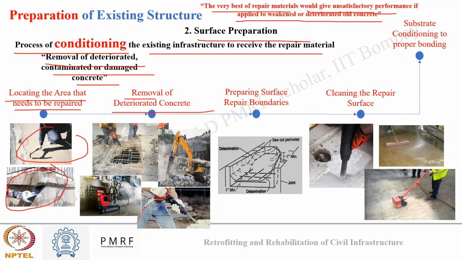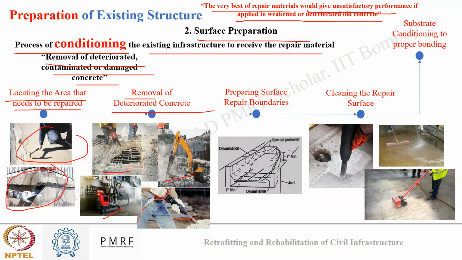There are several ways in which we can remove the deteriorated concrete based on whether we need partial removal or full depth removal. For partial removal, we can use a chipping hammer or hydro remover as shown here and here. For full depth, we can use a handheld pneumatic breaker or a hydraulic pneumatic breaker as shown here and here.